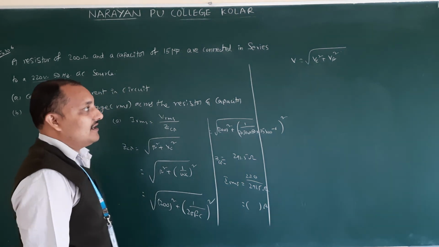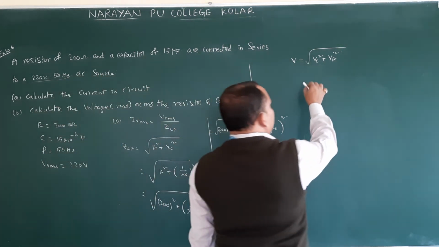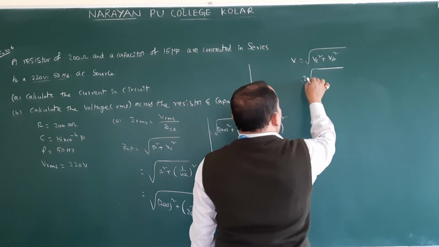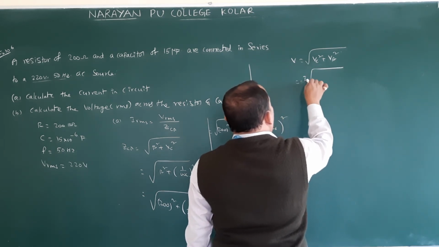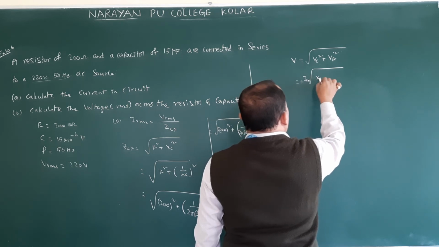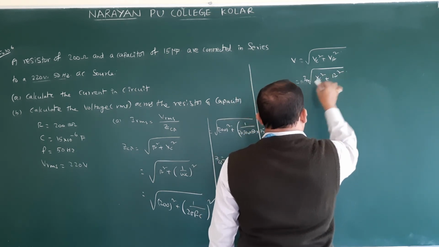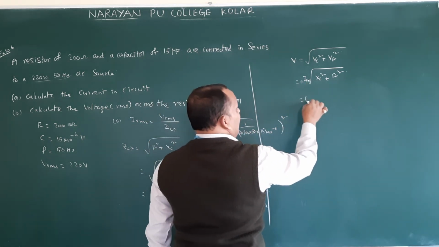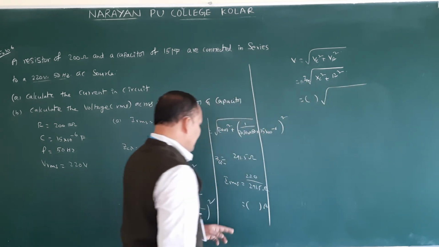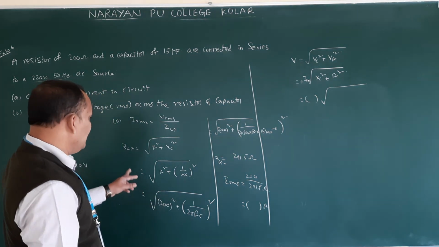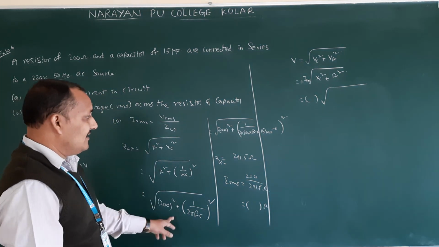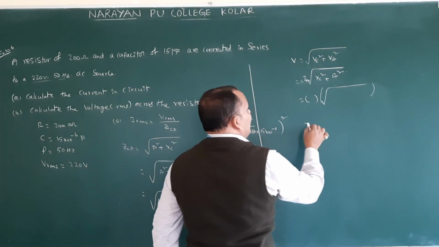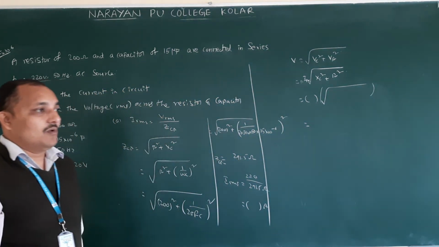So that is IRMS into root of XC square plus R square. IRMS value you got here, so this IRMS value into root of this value, that is nothing but ZCR. ZCR value you got is 291.5. You can substitute that value, otherwise you can solve once again. Then you will get the voltage.